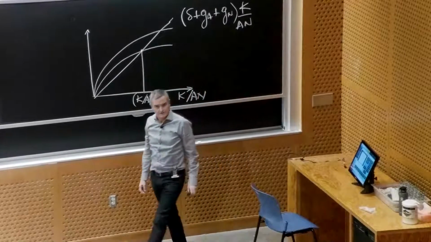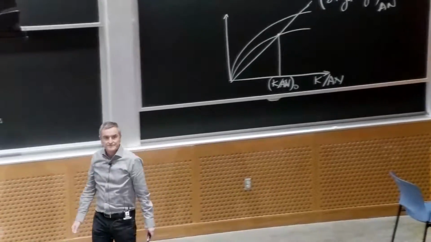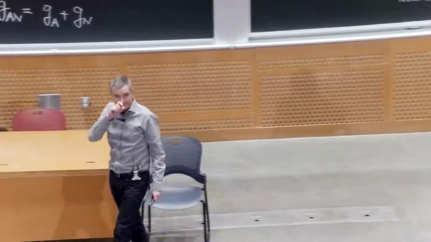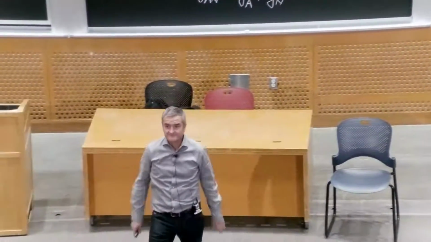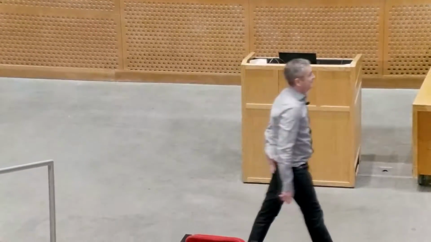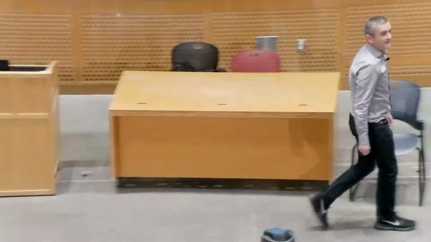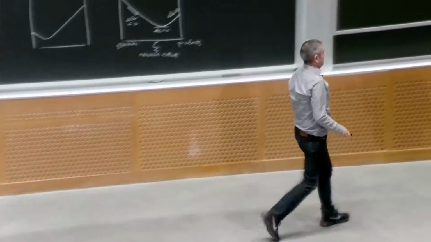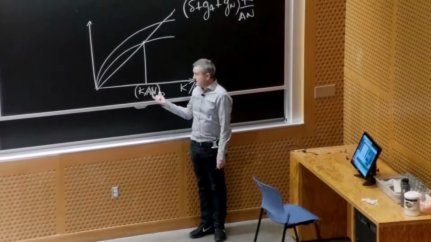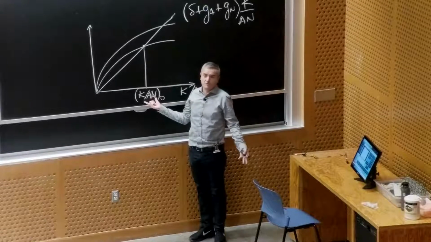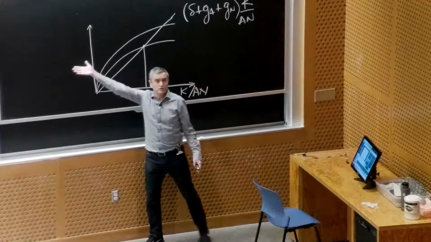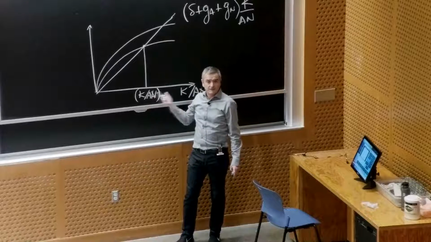Question, is output constant there? No. This only says that capital per effective worker is constant. That means that if effective workers or labor is growing, then capital is growing at the same rate. And therefore, output is growing at the same rate as effective workers.